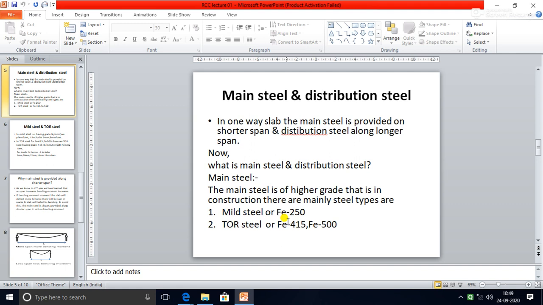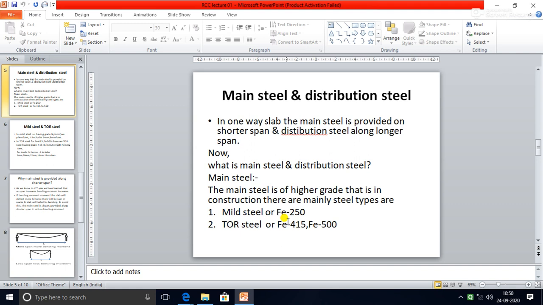Then what is main steel? Main steel is generally a torsteel, and in that torsteel there are Fe415 and Fe500. Fe is nothing but ferrous, and 415 or 500 are the characteristic strengths of steel.